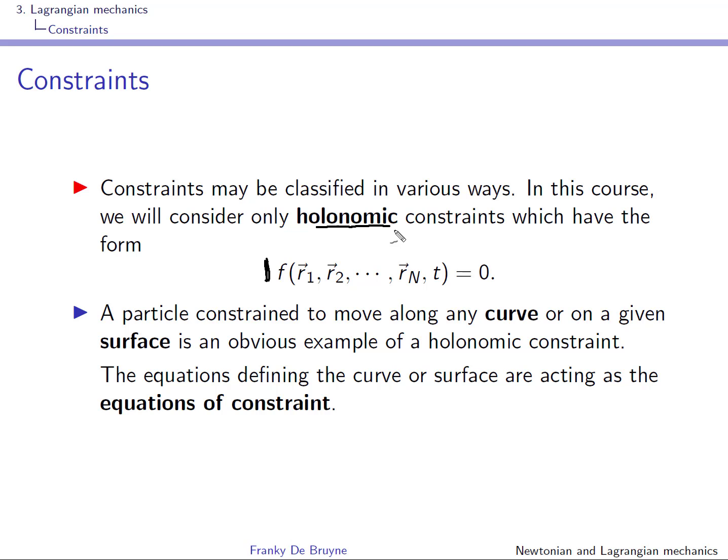Well, it means that a particle is, for instance, constrained to move on a curve or on a surface, and the equation of that curve or surface is acting as an equation of constraint. We have already seen something similar, for instance, with the mass on wedge example, right? Well, the wedge was acting as a constraint.